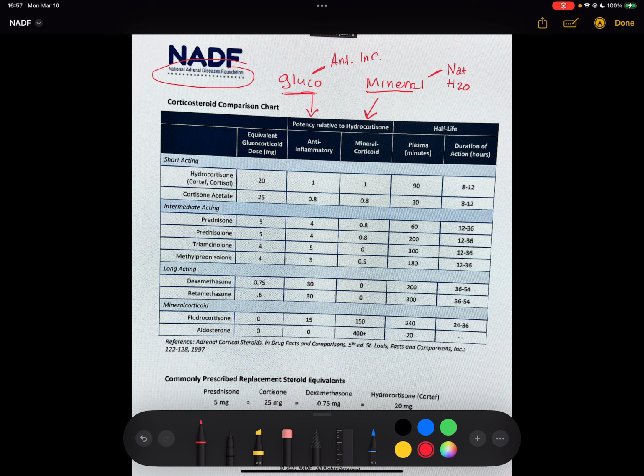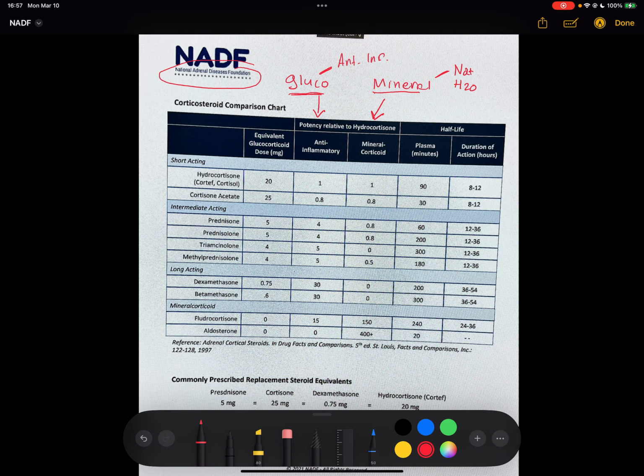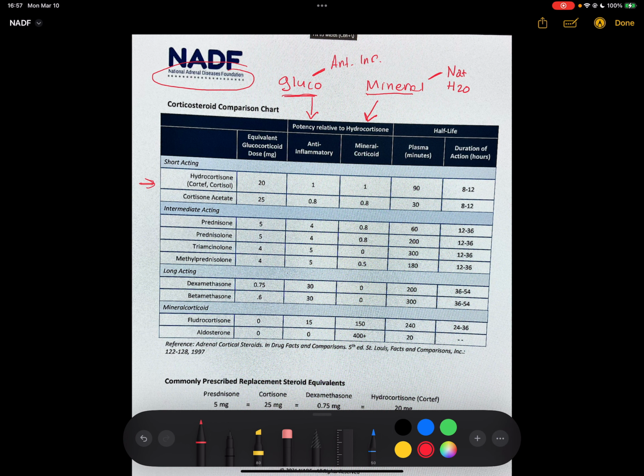And then, of course, these agents can have a variety of durations of action. And up at the top here, you have your short-acting corticosteroids, your intermediate-acting, and then your long-acting. And these middle columns, I think, are the most important for us.